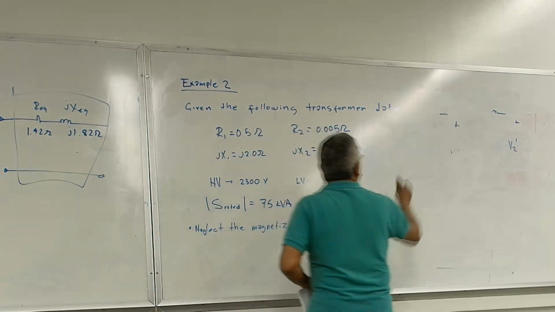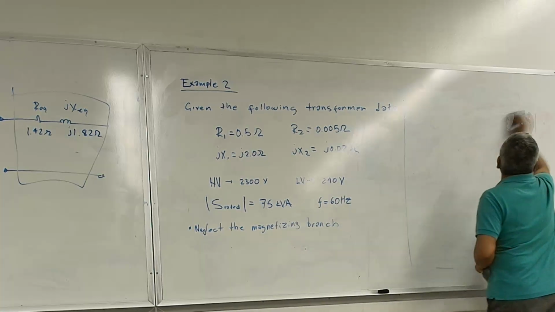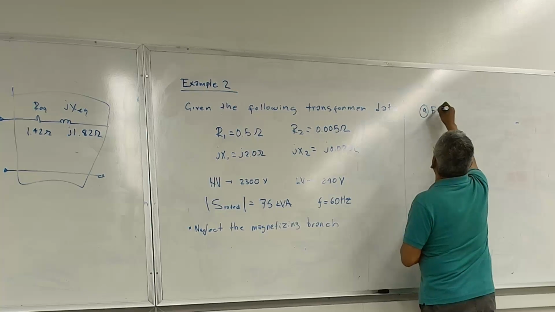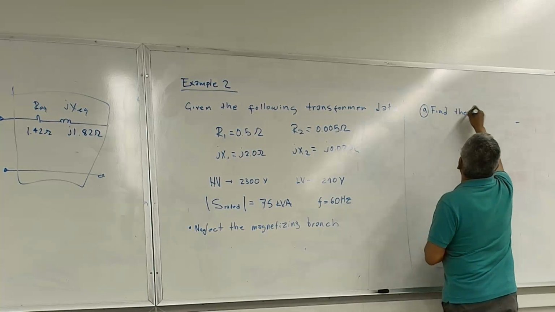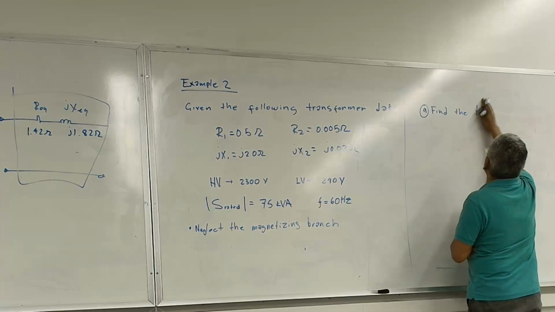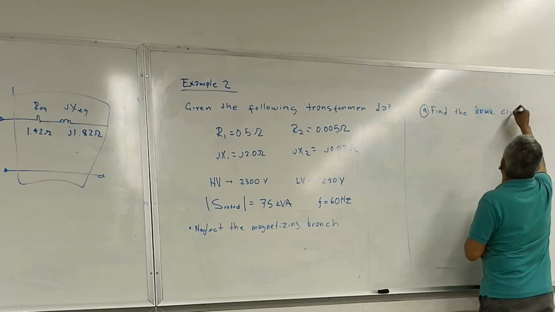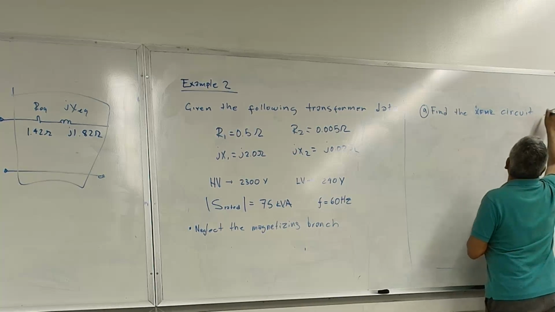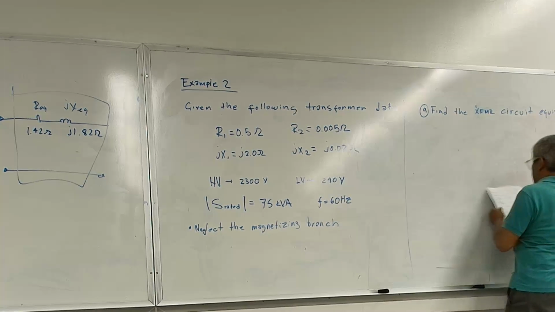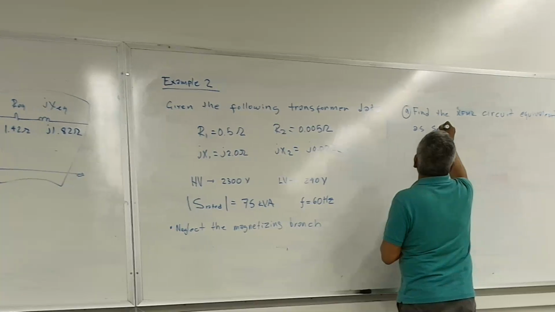So, question number 1, A: find the transformer circuit equivalent as seen from primary.